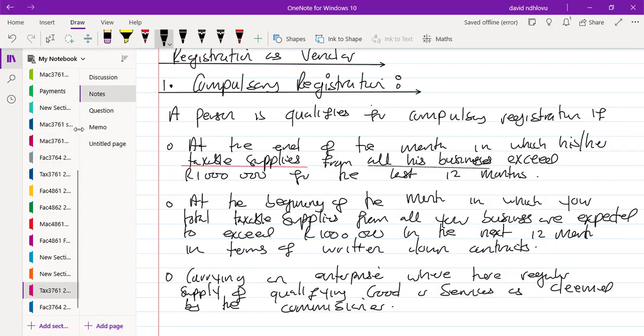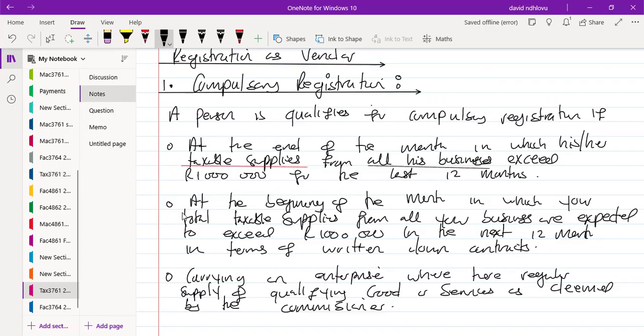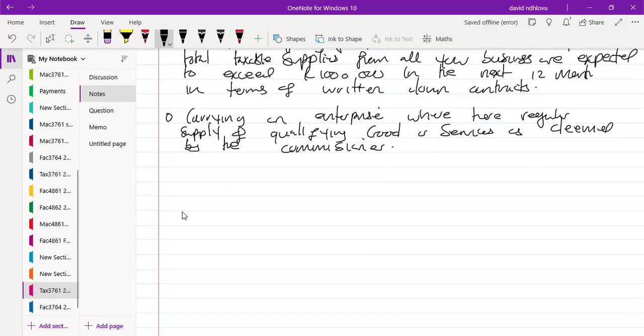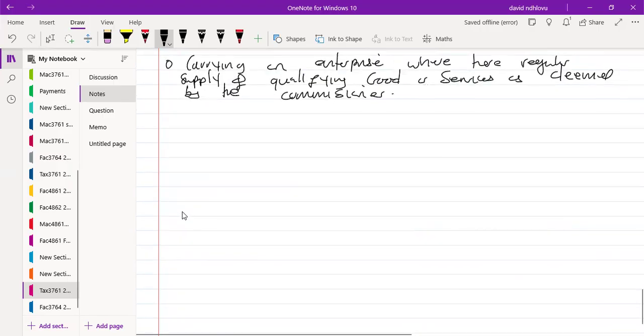So normally you wouldn't get a question on that. Most of the time you'll get a question on the first two bullets. This one is the preserve of the commissioner, who makes a decision and says, okay, register this person. So that's what we call compulsory registration. Anyone who satisfies this or who the commissioner deems appropriate will then be expected to register.